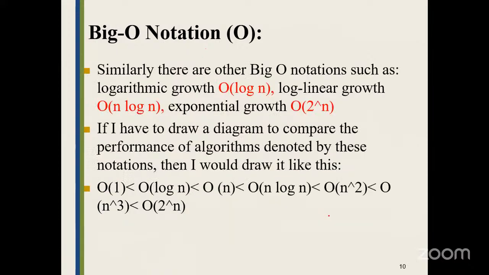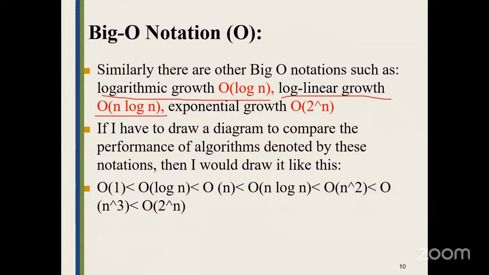So similarly, there are other big O notations such as logarithmic growth. In the previous case, it increases linearly. We have different types of algorithms. Some algorithms have the property of logarithmic growth. In such cases, the complexity can be represented as order of log n. Then there is the combination, log linear growth.